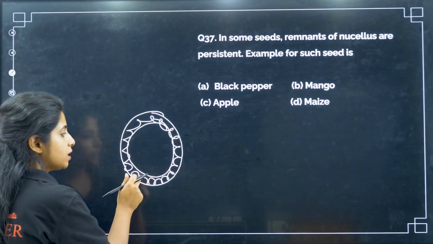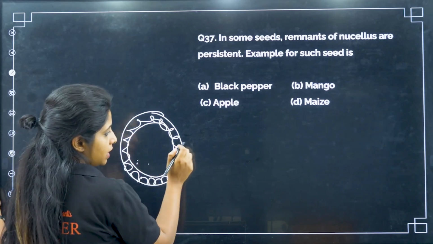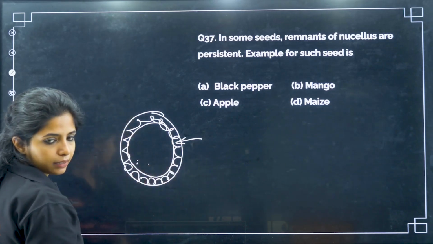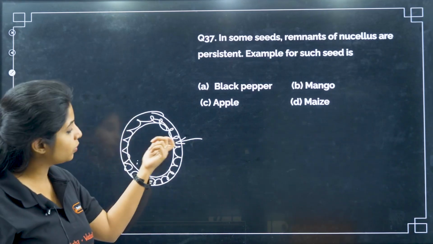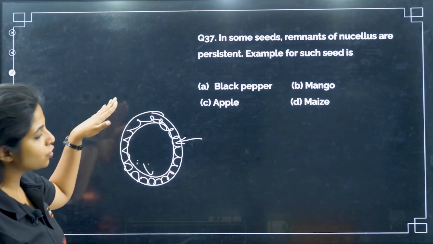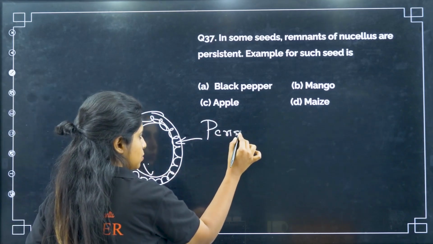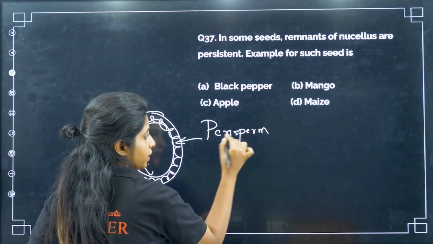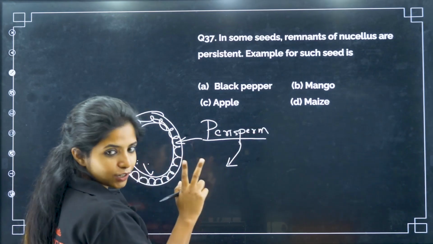But in some cases it provides nourishment to the embryo sac, which is having the female gamete. The female gamete fuses with the male gamete to form the zygote, so it provides nourishment to the zygote. So what is this persistent nucellus known as? It is known as perisperm. First of all, you should know that. And this provides nutrition in two types of plants.